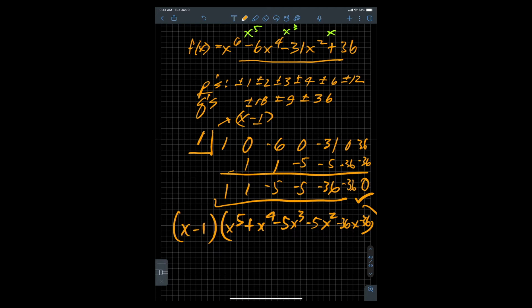So I've just reduced my 6-degree polynomial to be factors of a 1st degree and 5th degree polynomial. And so I'm going to start the process over again. This number is 36 and the lead coefficient is 1. This is still 36 and 1, so I still have the same P's over Q's. Okay? So these are still the ones I'm looking at.